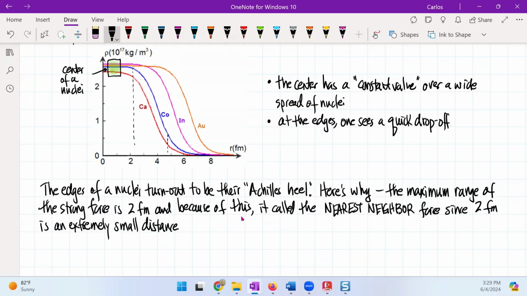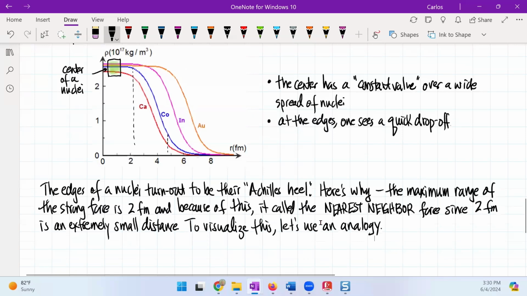So I want to visualize this thing. Let's use an analogy.